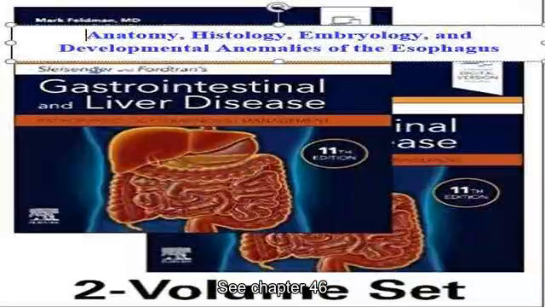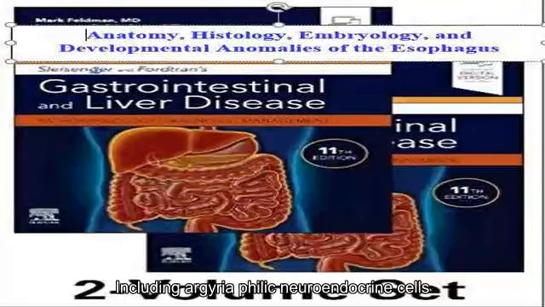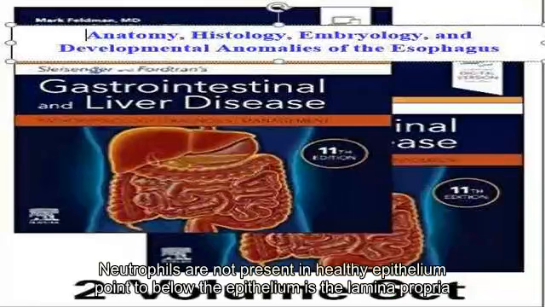See Chapter 46. The esophageal epithelium contains a small number of other cell types including argyrophilic neuroendocrine cells, melanocytes, lymphocytes, Langerhans cells, macrophages, and eosinophils. Neutrophils are not present in healthy epithelium.